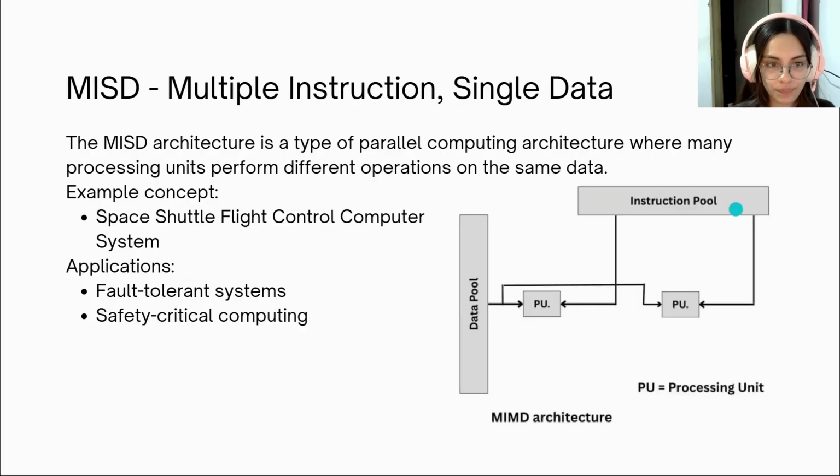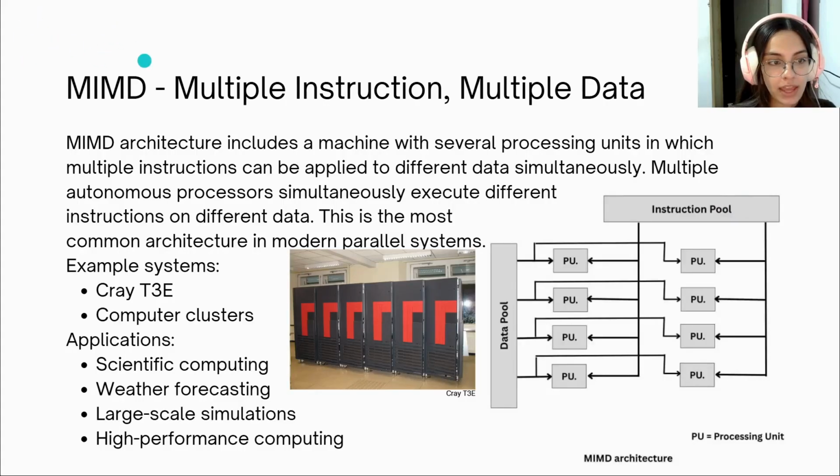Now the MIMD, that is multiple instruction, multiple data. In this architecture, multiple processors execute different instructions on different data simultaneously. So it is everything executing with everything at the same time. This is the most common architecture used in modern parallel systems.